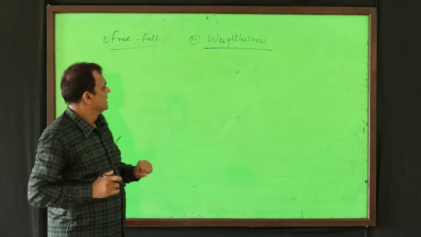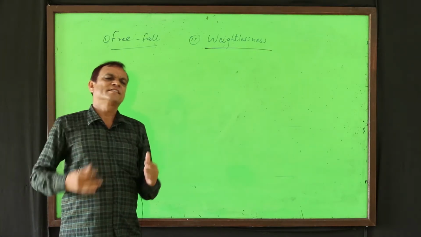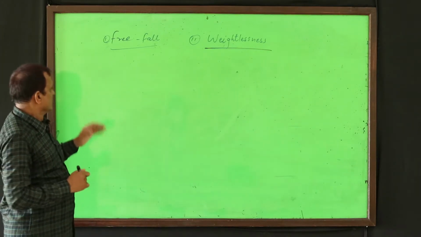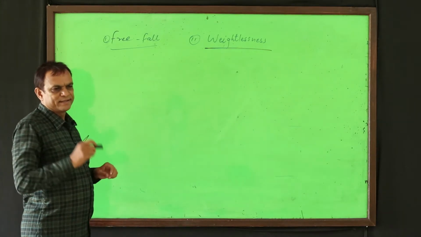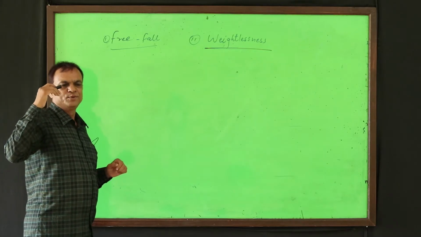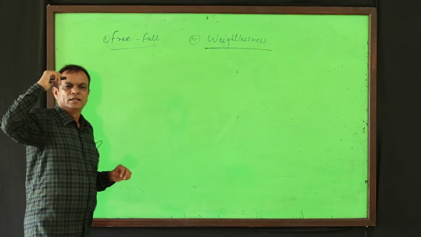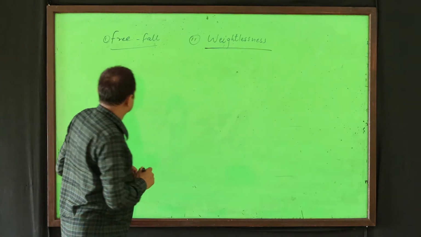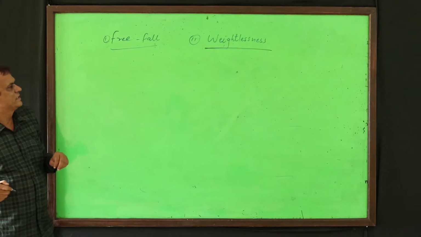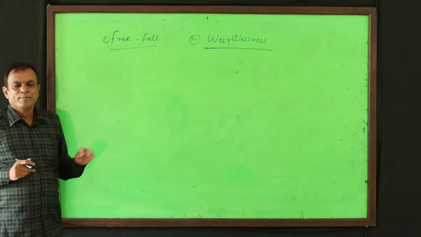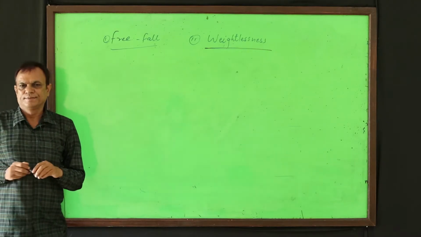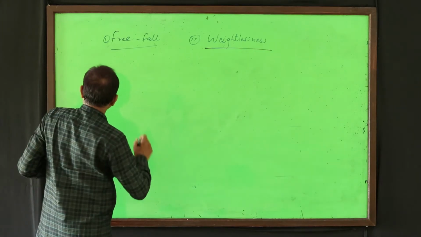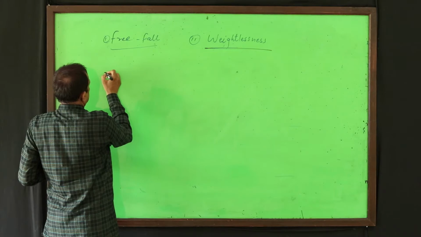I am going to explain the different conditions for weightlessness. Please see here carefully and try to understand, and if you need, copy it in your notebook. I am going to describe weight and weightlessness by drawing some figures.